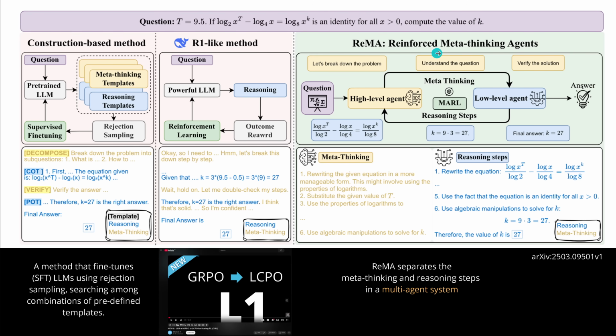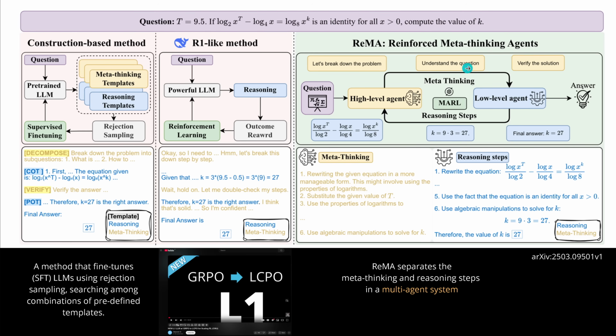We are here again at reinforced meta-thinking agents. And as you see, we have our two agents now suddenly. We have the high-level agent that is only doing the strategic thinking. And then we have the low-level agent that is just doing the mathematical reasoning and the execution in your, let's say, Python or C++ environment. Great.